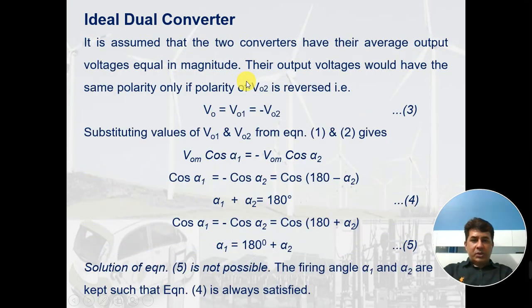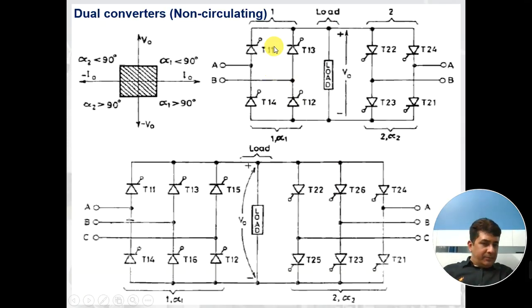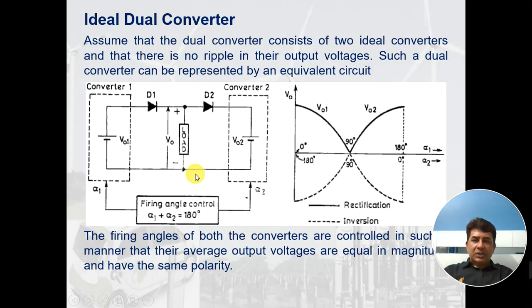So we discussed two cases. In one case, one converter is operated at a time and the other is kept idle. In another case, both are operated at the same time, and when both are operated at the same time, one is fired from 0 to 90 and the other is fired from 90 to 180, or you can say the firing of both the converters will be done such that alpha 1 plus alpha 2 is equal to 180 degree.